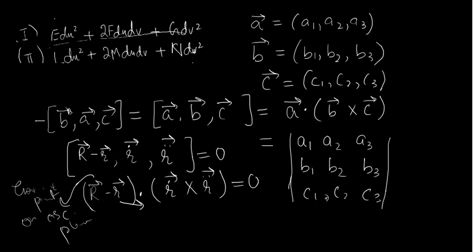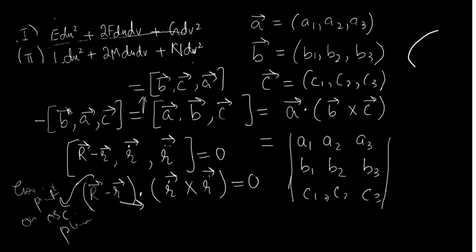So ABC triple scalar product should be equal to BCA. If you change them cyclically, sending A to B, B to C, and C to A, it remains the same. And if you interchange two things, it changes sign, because it is basically the determinant of three vectors. So having done that, we can evaluate certain triple scalar products for our surface also.